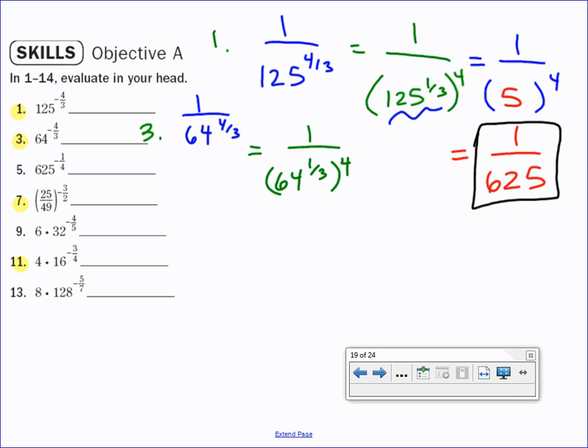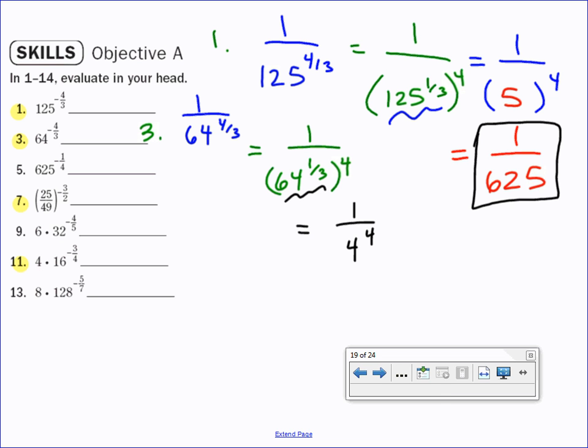And then lastly to the 4th. We got to get the cube root of 64, guys, to do the inside parentheses. So what's the cube root of 64? The cube root of 64, Braden? 4. Good. So 1 over 4 to the 4th.